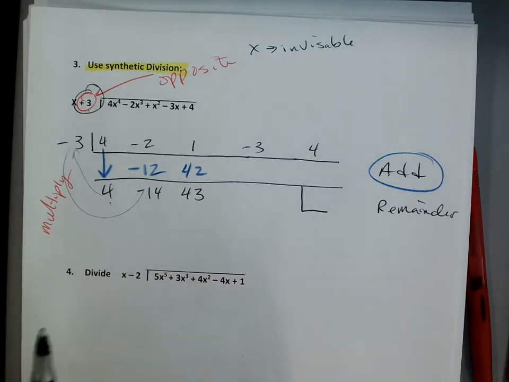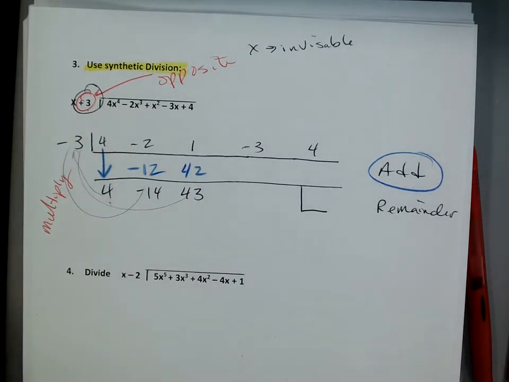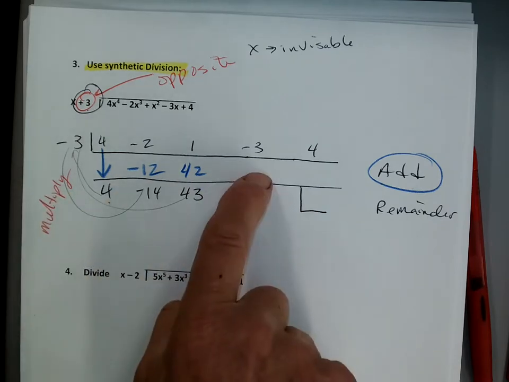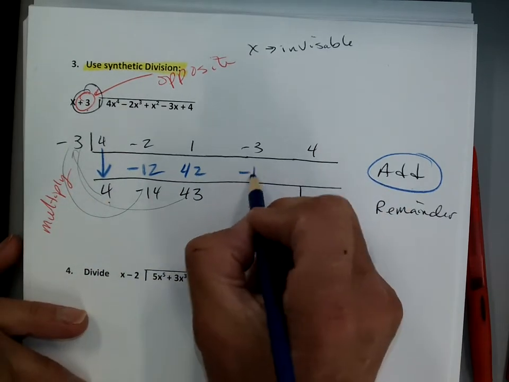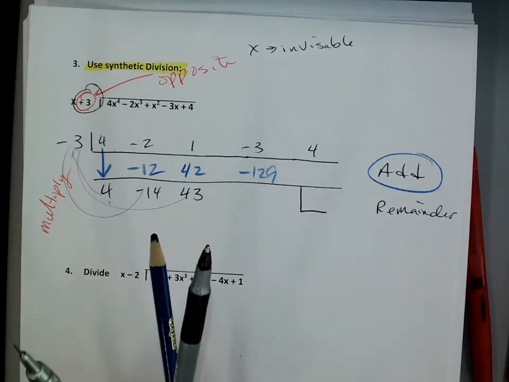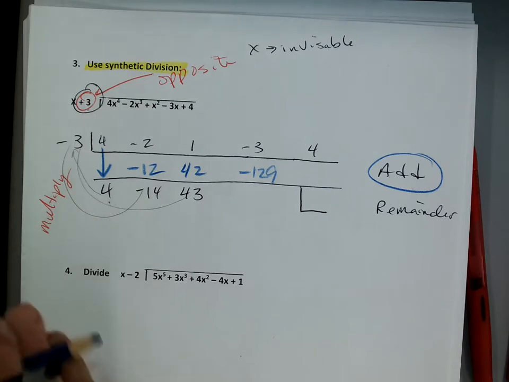I'm going to multiply. 43 times negative 3, and I get a negative 129. Put it there. Negative 129. Okay? And then add. And I get negative 132.